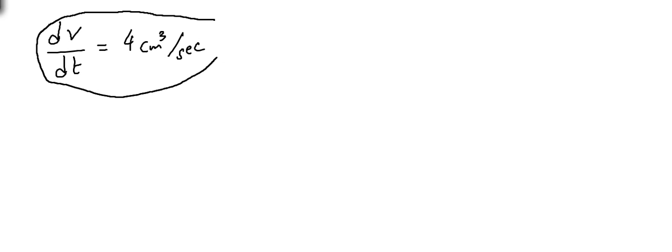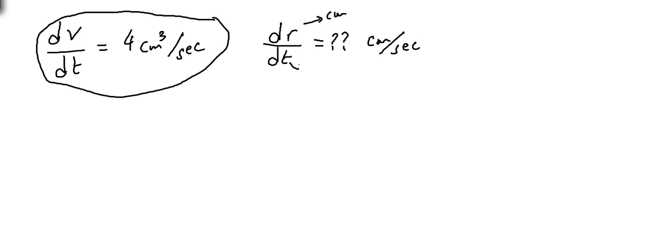What else? Find the rate at which the radius r of a sphere changes. This means we have to find the rate of change of r in terms of time, dr/dt. And it should be in centimeters per second, because the radius is given in centimeters and the time is in seconds.